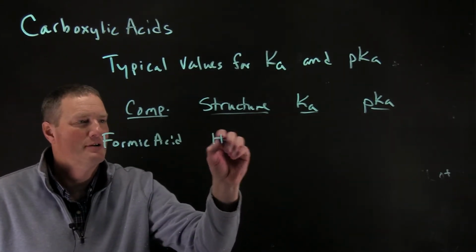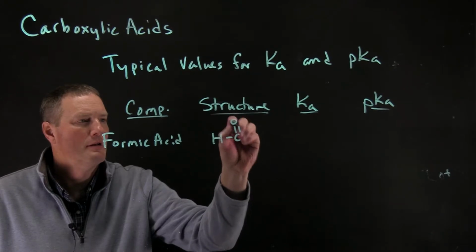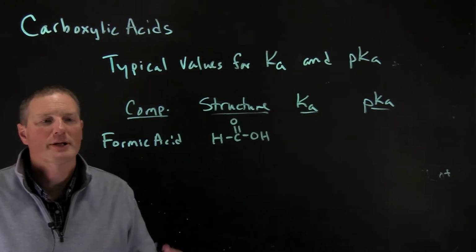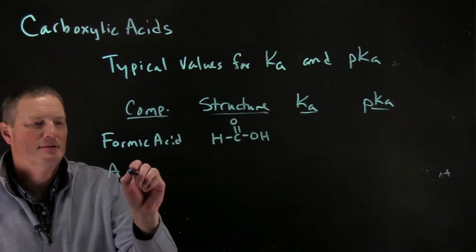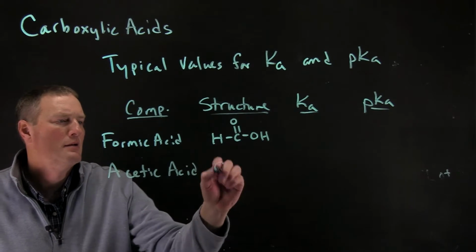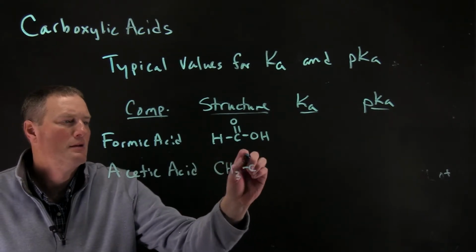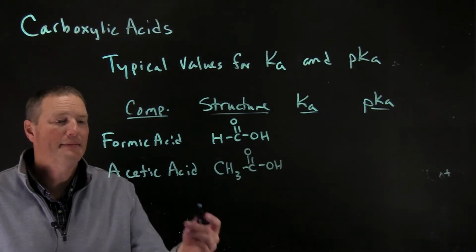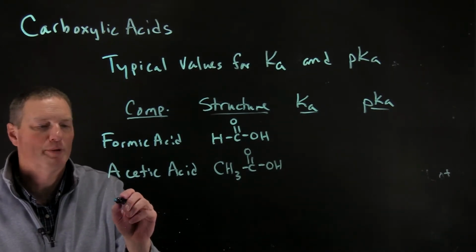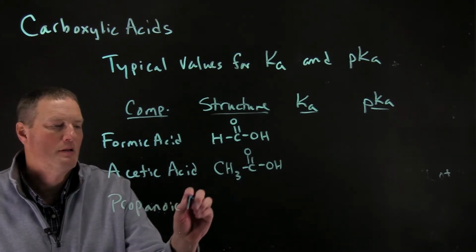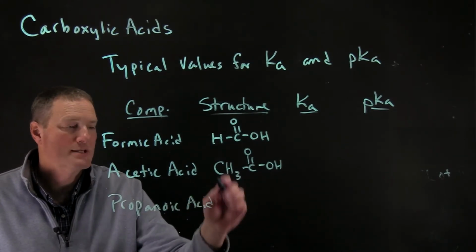Its structure is this. The next one we're going to look at is acetic acid. And then lastly, we're going to look at propanoic acid, which has one extra carbon.